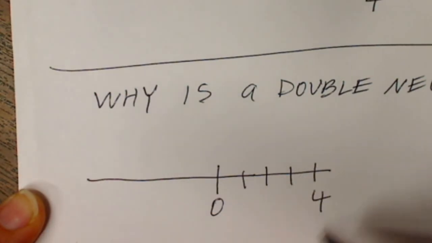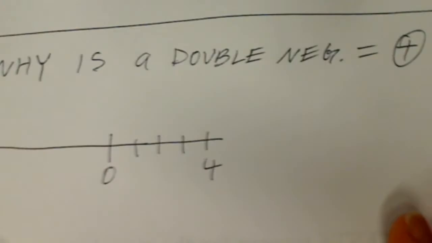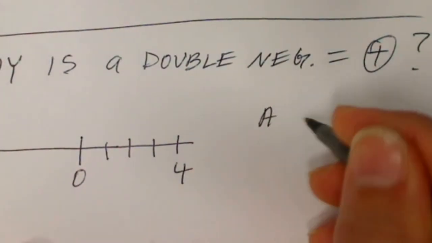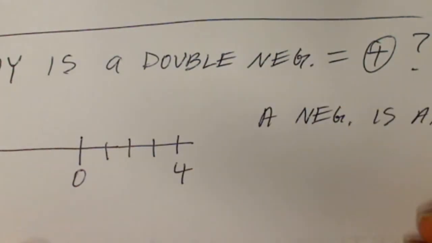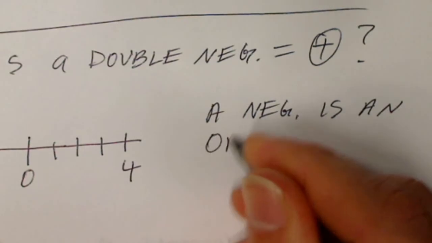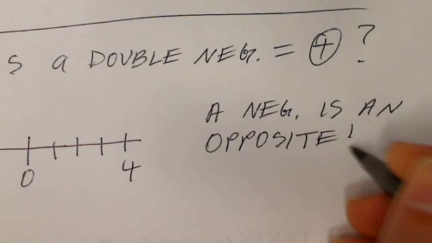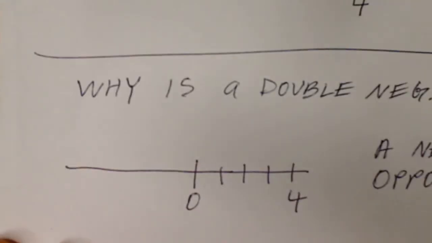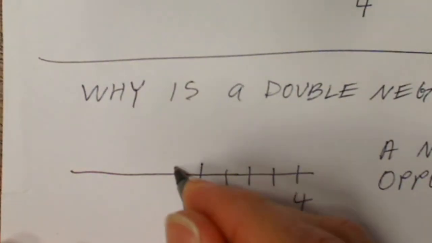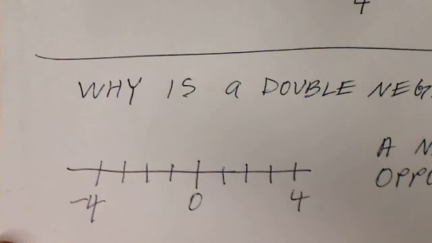That's 4 jumps to the right of 0. And understand what a negative sign is. A negative sign is an opposite. It really is. Look at it on the number line. Negative means the opposite of the number you have. There's 4. You know where that is. The negative 4 is on the opposite side of 0. And you know that too.